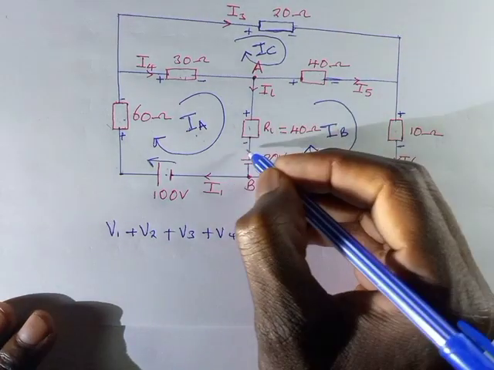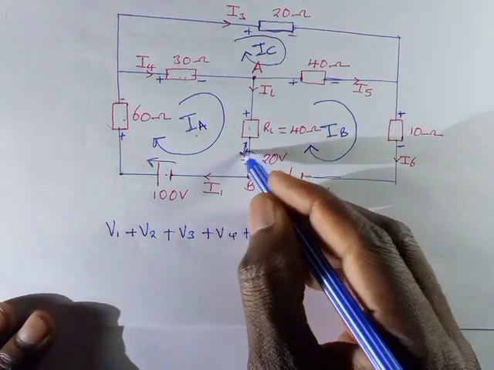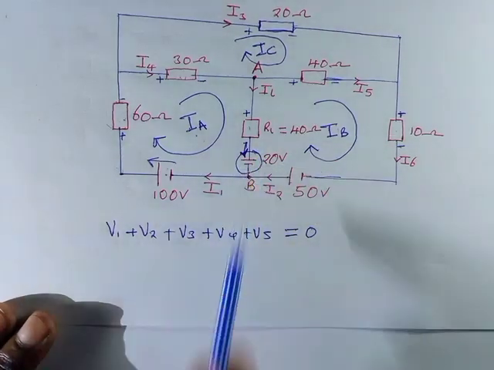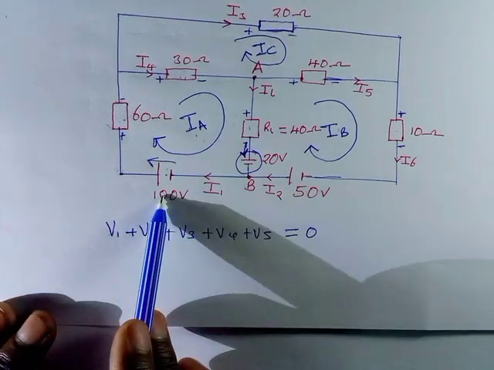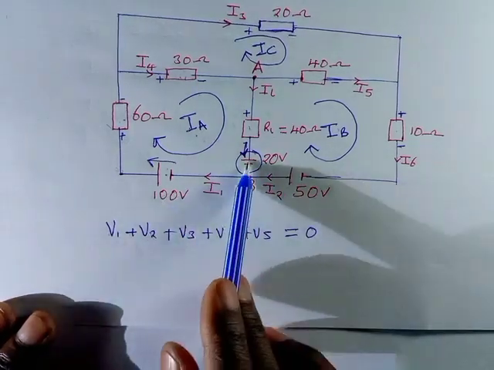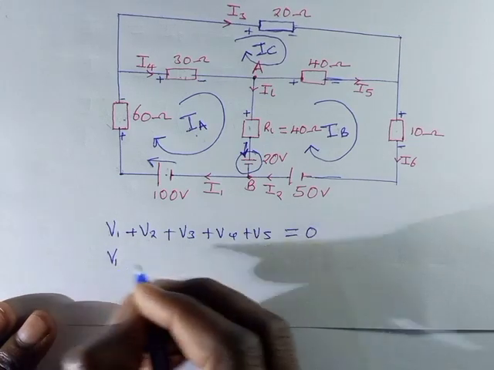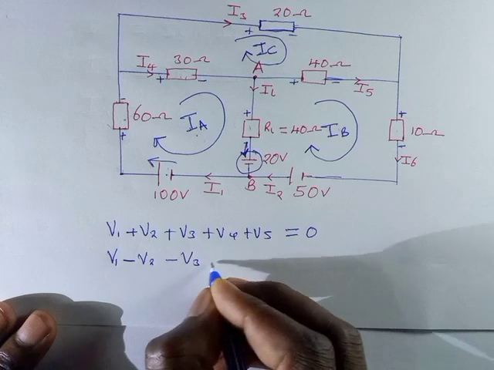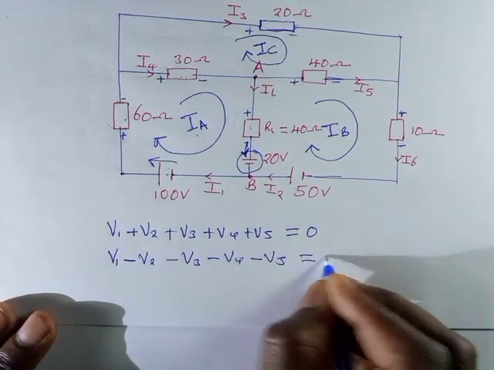And if I come on this one, I'm moving in the opposite direction to the current produced by that given voltage source, because the positive terminal is where the current is being produced to. So V1 has to be 100, V2 has to be minus because of this, then the remaining will just be minus as well. V1 has to be positive: plus V1 minus V2 minus V3 minus V4 minus V5 equal to 0.